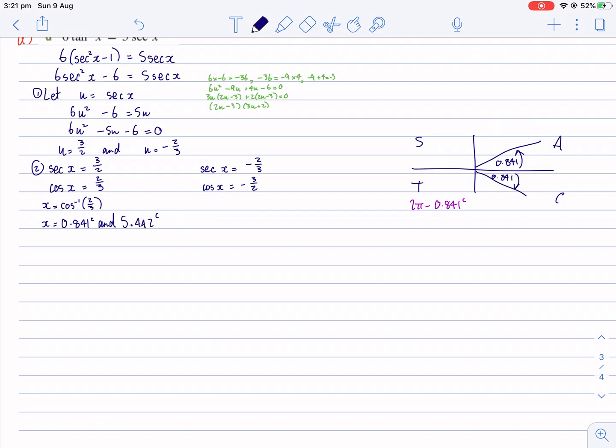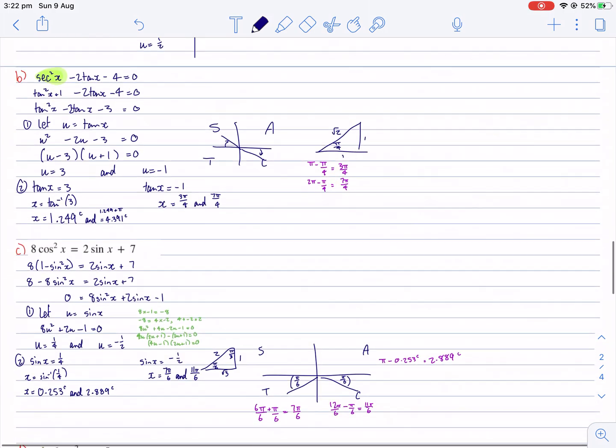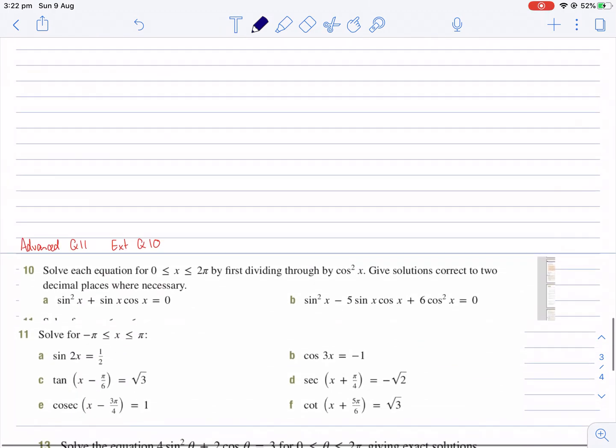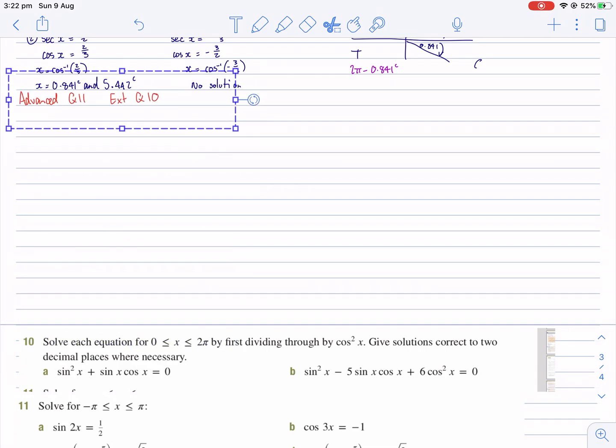For arc cos of negative 3 over 2, this is going to end up as no solution, but let's just chuck it in our calculator. No solution. I think that's all of those ones. They are a slog. Like, that's something that I don't enjoy in trig. Okay, let's do the next lot.